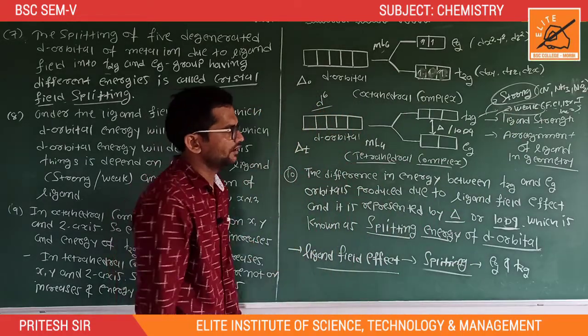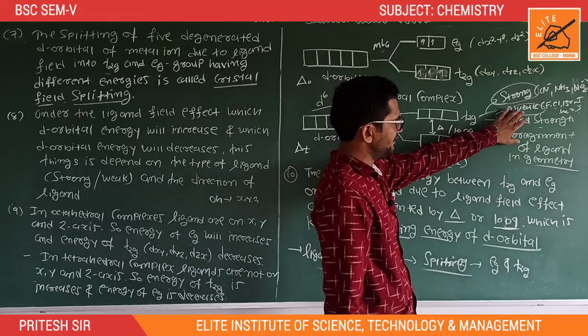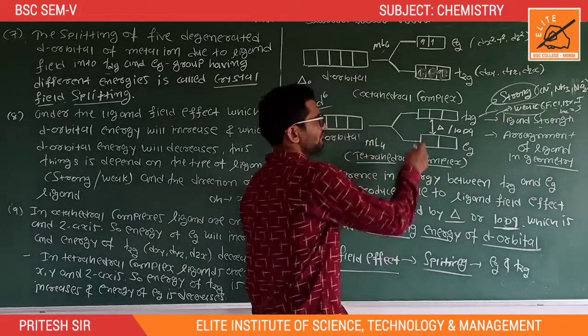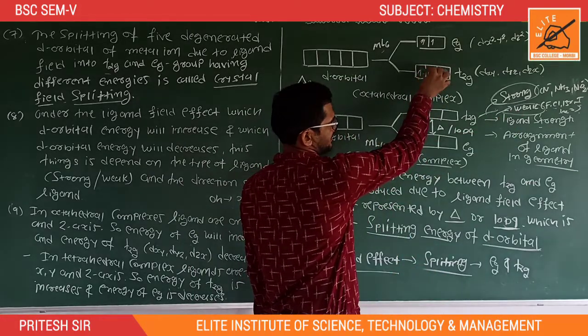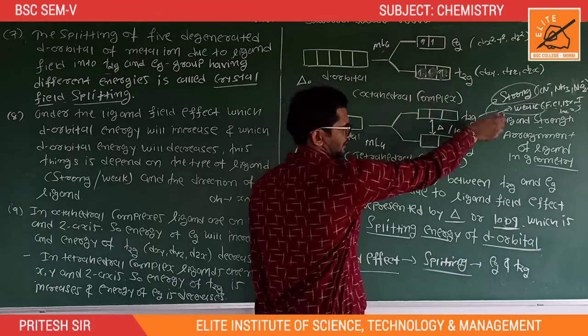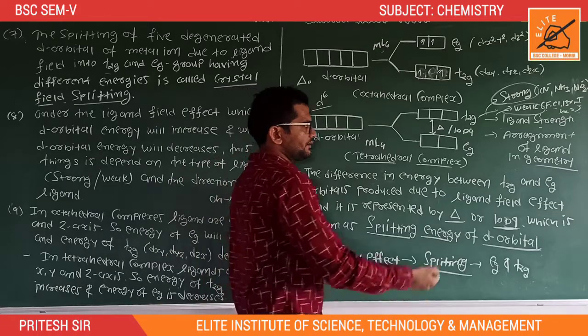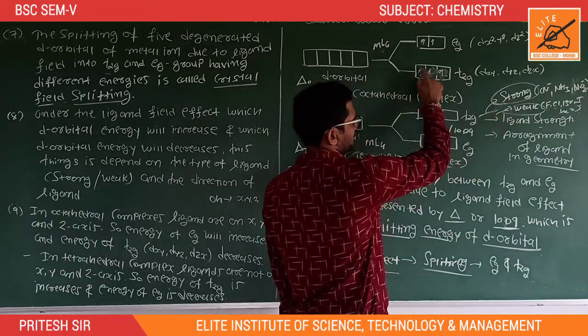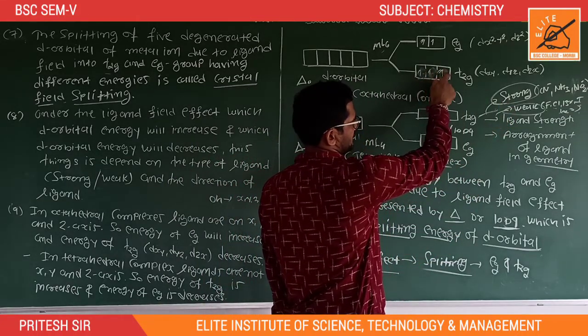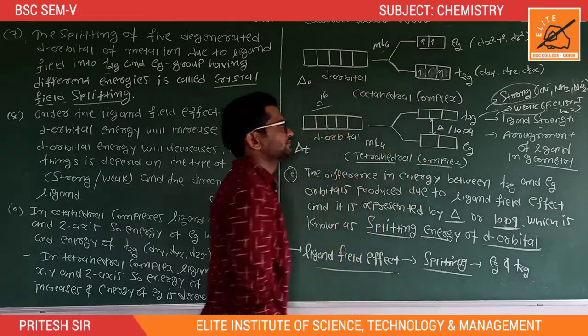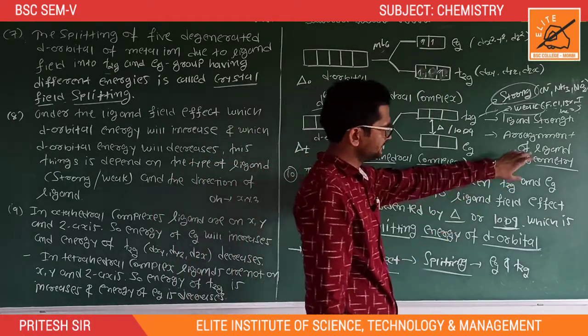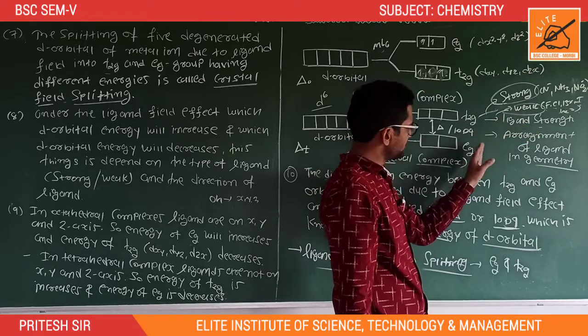In the weak ligand field, electrons enter first, second, third, fourth, fifth, but in the strong ligand field, they enter first, second, third, fourth, fifth, sixth, seventh. So this also depends on the energy of the t2g and eg levels.